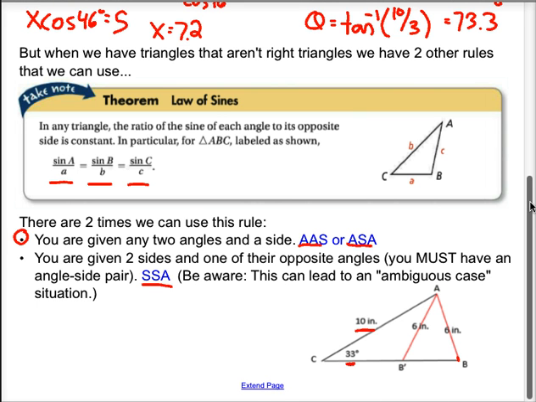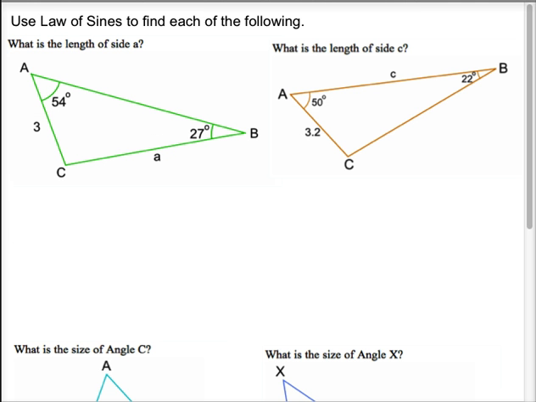You could create this big triangle here using those dimensions, or you could end up with this smaller triangle. That is known as the ambiguous case. For the sake of the ACT and this class, we're not going to be too concerned about that ambiguous case, but just realize that it is possible. It could happen.